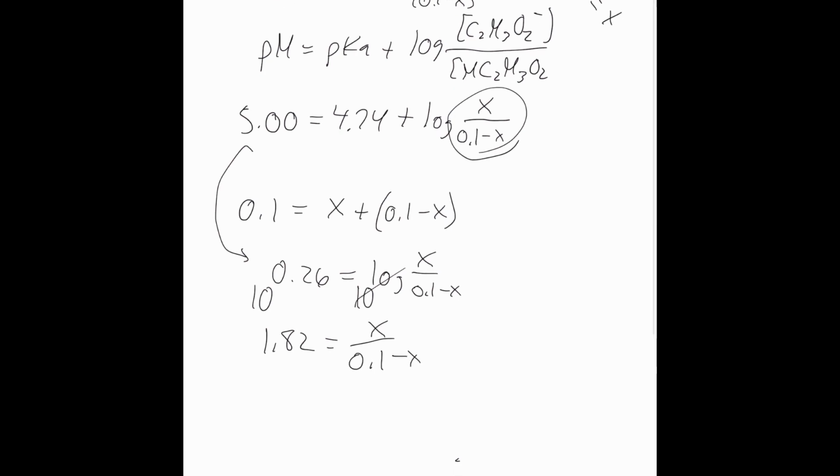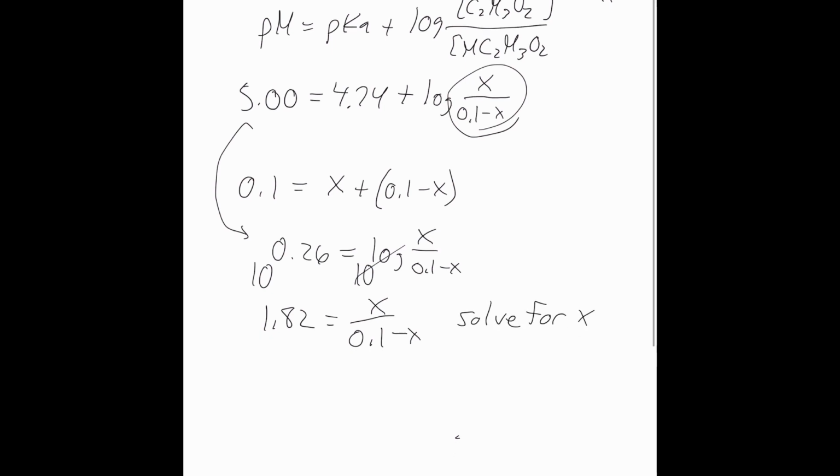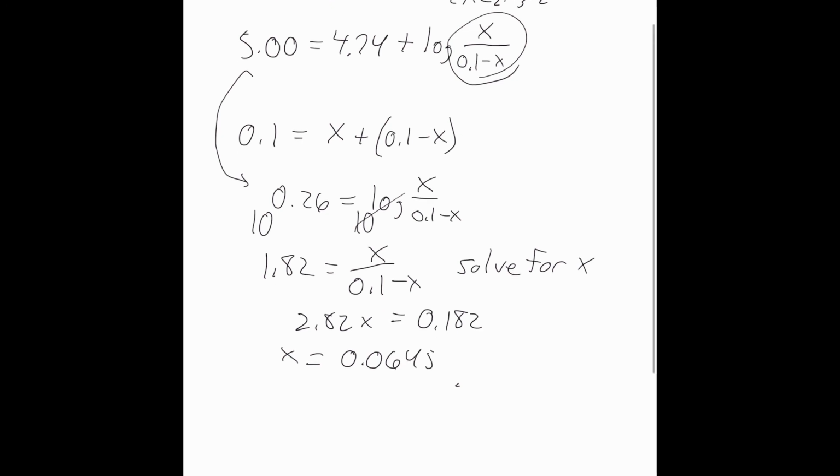And there's our math, and we set this up and solve for x, which I'm not going to do all of the algebra at this point, but it ends up being basically 2.82x equals 0.182. And so x is equal to 0.0645, and 0.1 minus x equals 0.0355.